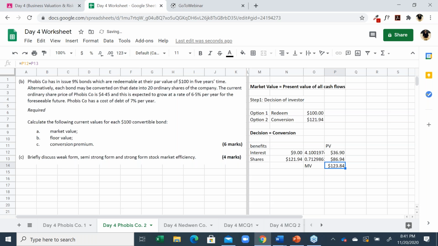So the value of this bond should be 123.84 today if the investors are looking for an overall return of 7%. That's basically the concept of present value. So if the investors are looking for a 7% return, they should invest 123.84, and then they will be getting this overall 7% return. So this is the market value. Is this clear?